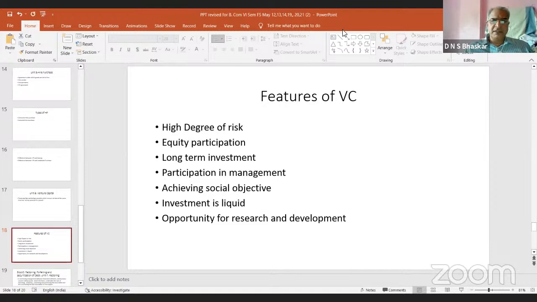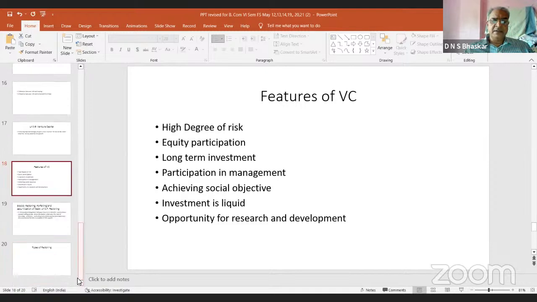If you keep thinking about whether the project is successful or not, or what happens if the project goes wrong, it is not possible to decide. If you put money in it, test it, do it, and finally go for the marketing process, then only it is possible. So for research and development activities, the venture capital system is always suitable. These are the most important elements.